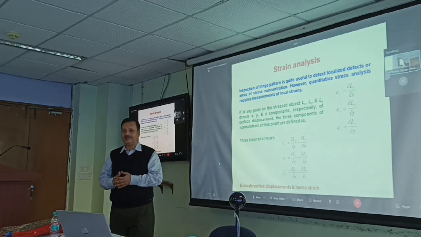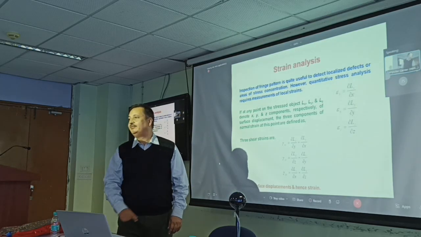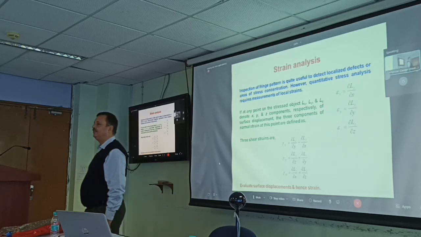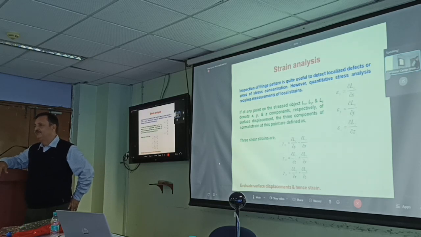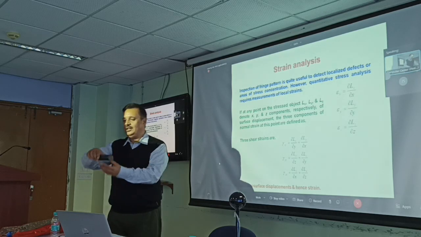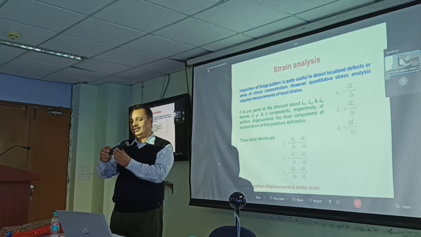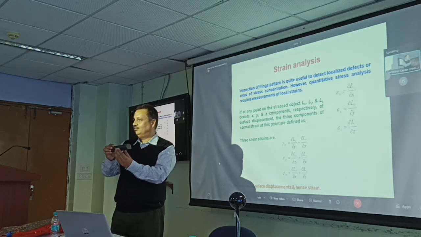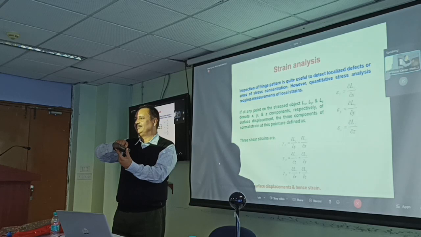You calculate the surface displacement first, and then you can display it. Displacement can be in plane or out of plane, both. Out of plane means you have this object, and now there are rotations also. It can move in this direction, or it can move in another direction as well.